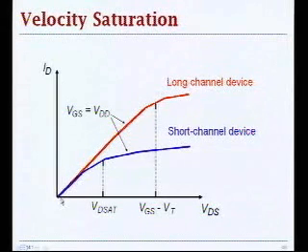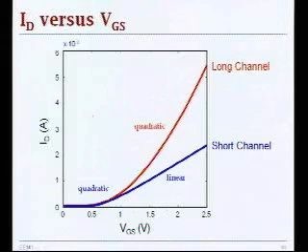So you have a very narrow region of resistive mode of operation for short channel, and then an extended saturation region, compared to the long channel device, which behaves as a resistor and then enters saturation mode after that. And this VDsat occurs much sooner than the actual saturation for the long channel device.